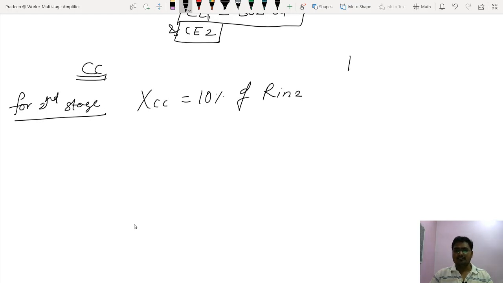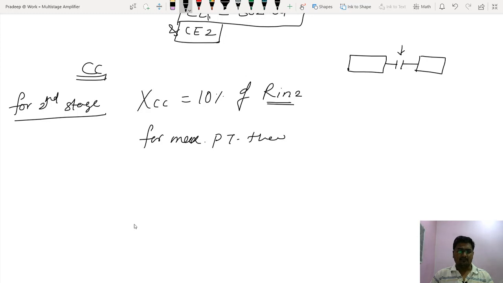This is stage 1, here is your coupling capacitor, and here is stage 2. So I want to calculate this capacitor. I'll write XCC, the capacitive reactance, is 10% of Rin2 only. So what is that Rin2 value? I hope you remember that for maximum power transfer, we have assumed that the value of Rin2 is nothing but RC.